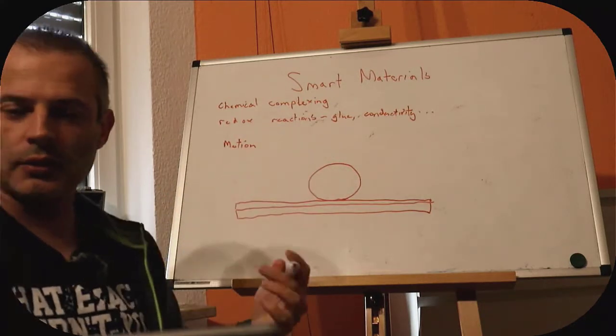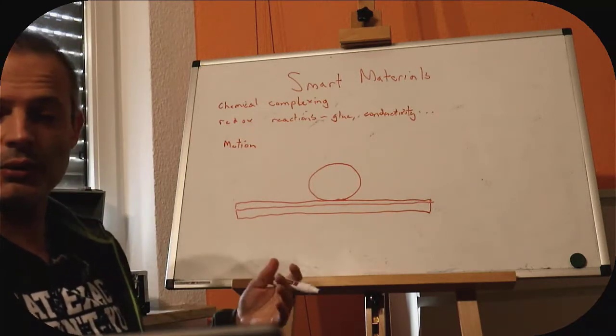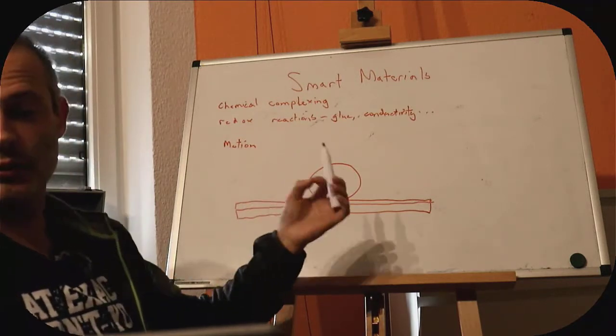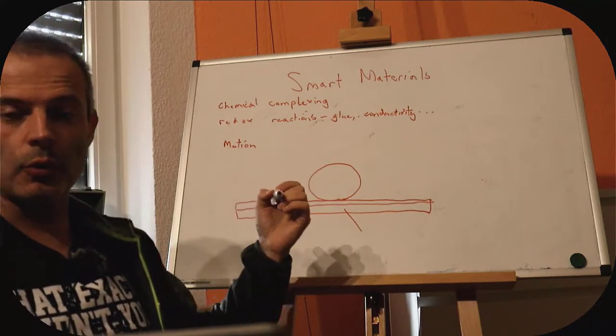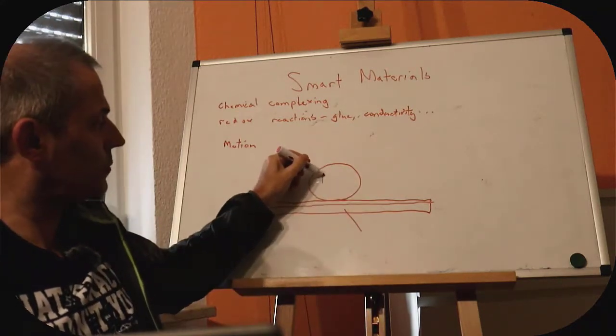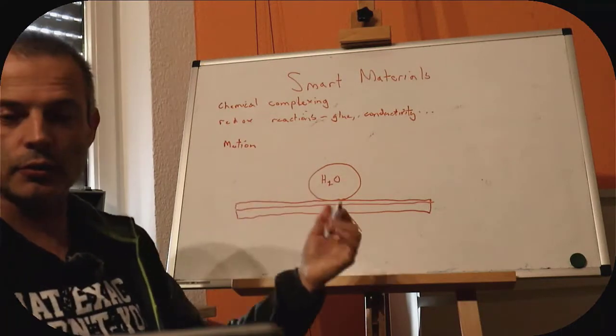So now that we can discuss our materials, what I'm interested in here to generate an effect would be if this is something hydrophobic. Let's make this water to make it simple and non-toxic.